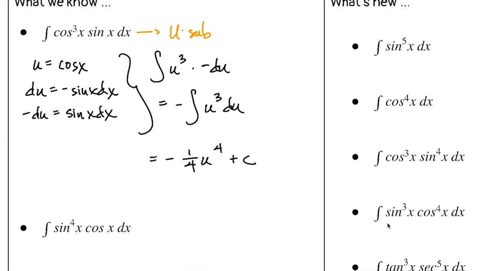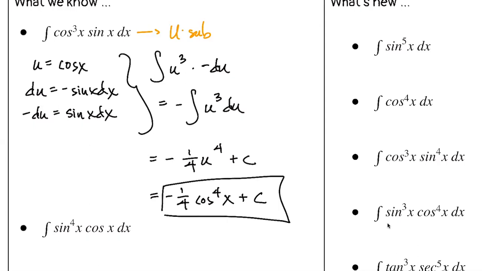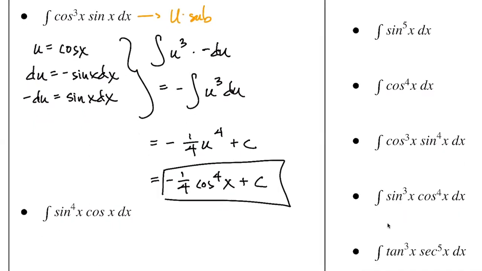With a lot of the substitutions we're going to be doing over the next week, if our question is asked with x's, we need to have our answer with x's as well. So that's going to make this negative 1/4 cosine to the 4th x plus c. So that's just another situation where u substitution can be really helpful.